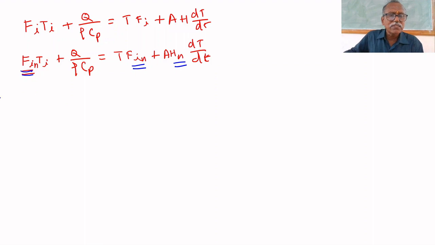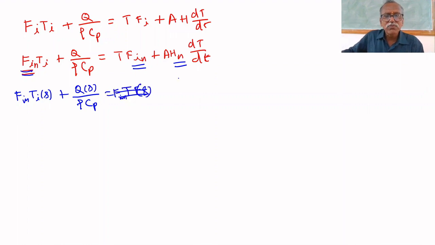Now, if you take Laplace transform, what you will get is Fi Ti of s plus Q of s upon rho Cp equal to, taking T outside, (Fi nominal plus Ah nominal s) multiplied by T of s.